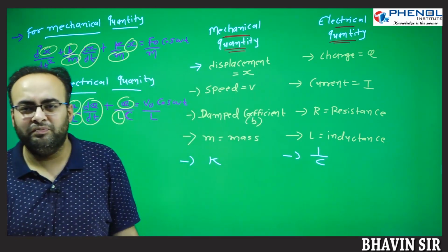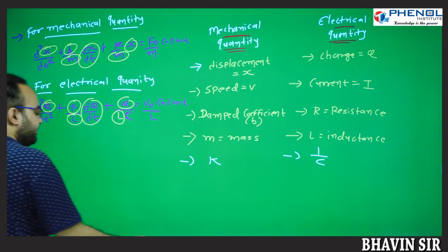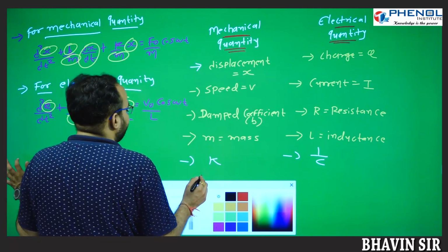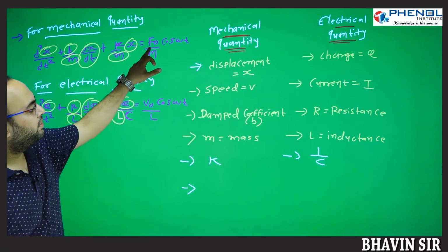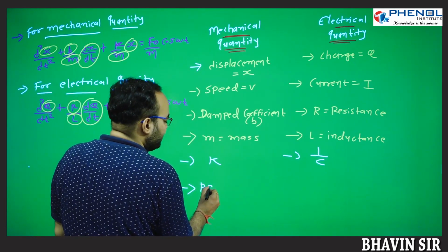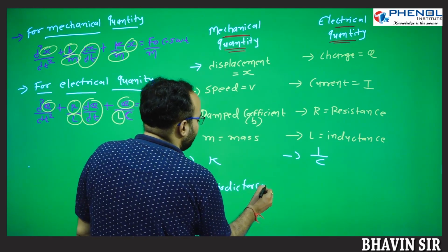This is a slightly different comparison, so remember it. In mechanical quantity spring constant k, in electrical inverse of capacitance. Then periodic force, so here periodic voltage; here force is changed, here voltage is changed.